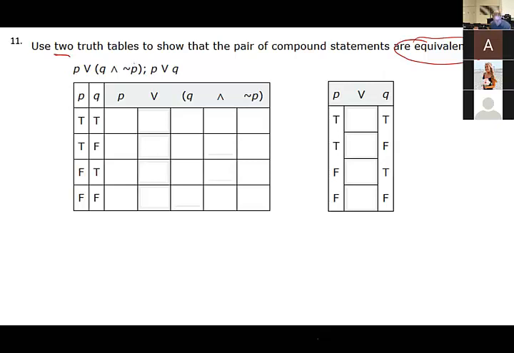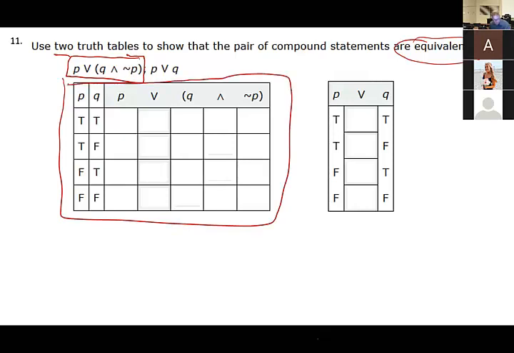So they're asking you to take the truth table for this bigger, more complex expression, P or the quantity Q and not P. So they made a truth table. This is the truth table for that. And then they took the other statement, P or Q, and made a truth table for that.